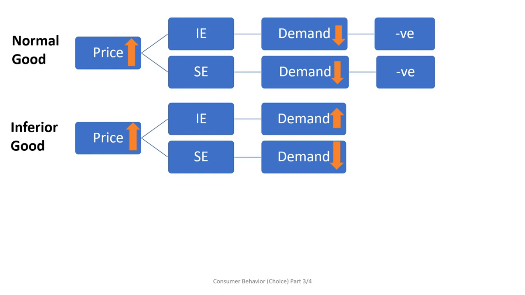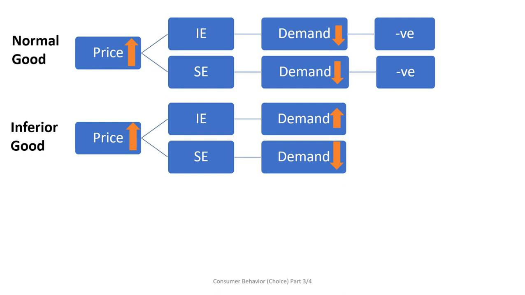Now, since for inferior commodities the income effect is weaker and the substitution effect is stronger, finally, because of the increase in the price, the quantity demanded will decrease, but not as much as in the case of a normal good.